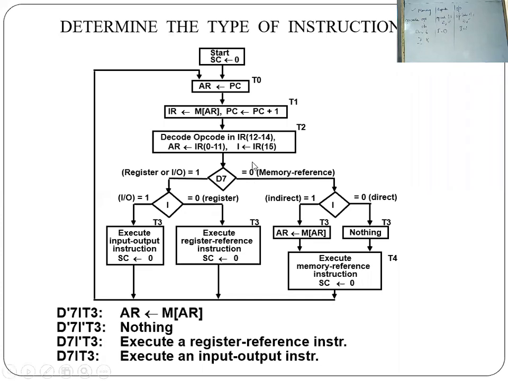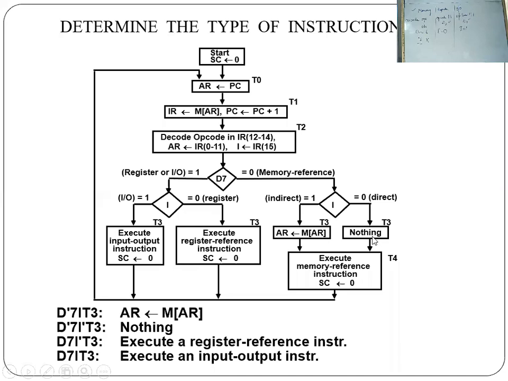So D7 equals 0 means memory reference instructions. When the value of D7 is equal to 1, it is either register reference or IO, right? So let me discuss memory reference first. Here you can refer to your memory in two ways. Again, the I bit will be 0 for direct, and here you have nothing to process, right? You need not fetch one more memory location.